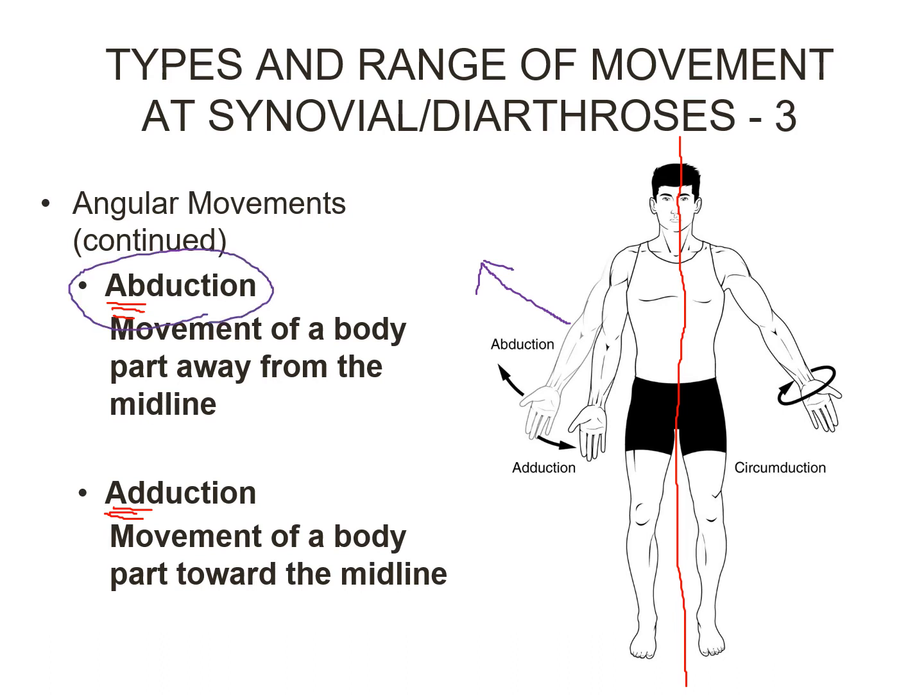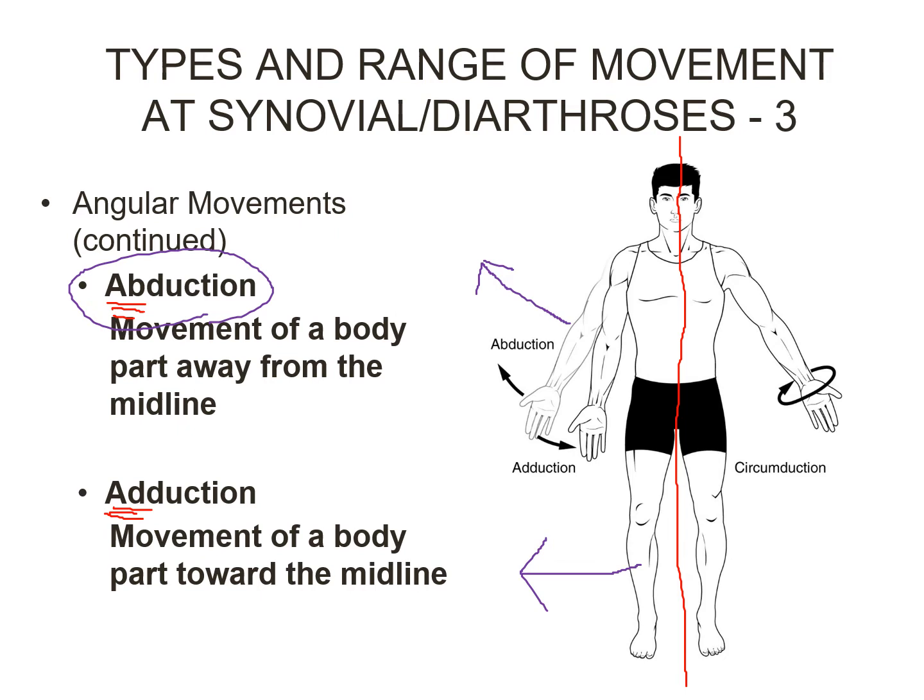Same thing if we were doing something like a jumping jack and we were to separate the legs and the legs were to go out or lateral, that would be abduction. Not really nice and kind or creative, but if you think about abducting something, if you abduct a puppy or abduct a cat, you're taking the cat away, right? You're moving it away from the midline. Whatever helps you remember it.